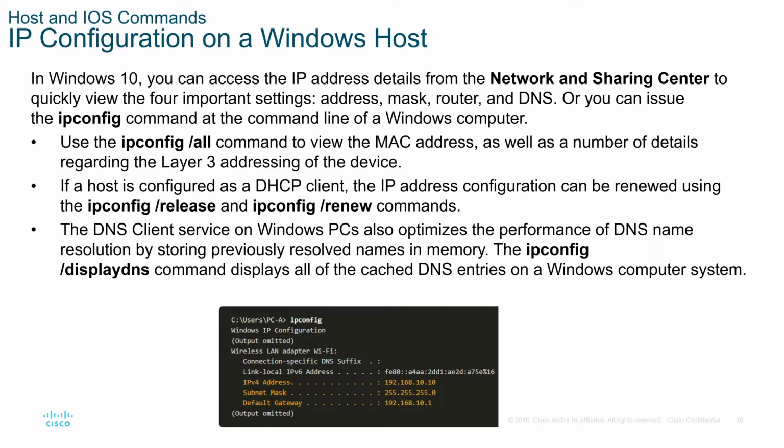A DNS client service on Windows PCs also optimizes the performance of DNS name resolution by storing previously resolved names in memory. The ipconfig /displaydns command displays all of the cached DNS entries on a Windows computer system. These will time out, so what you get at one point in time may not be the same list that you would get shortly thereafter.